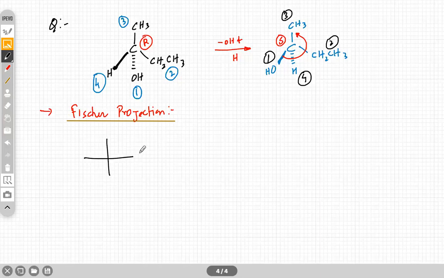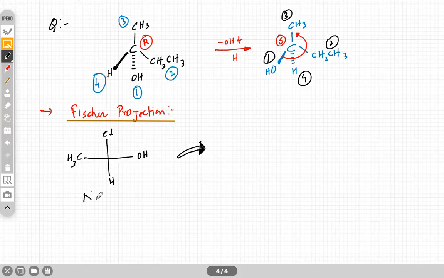Fisher projection, if you remember, we have something like this. Suppose we have OH here, chlorine here, H here, and CH3 here. This is a Fisher projection, right? But what do you mean by this actually? This is not a planar molecule.